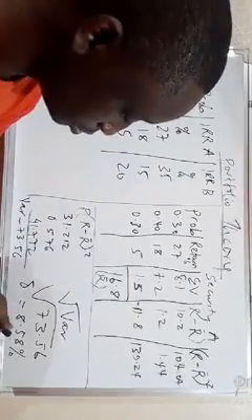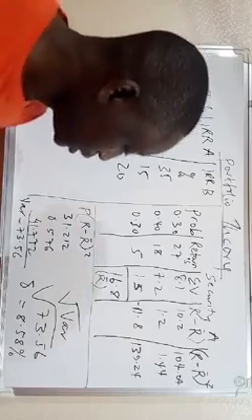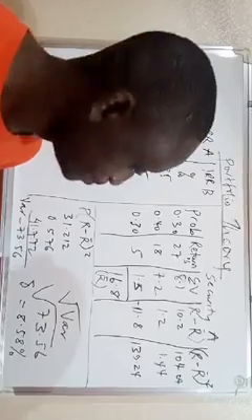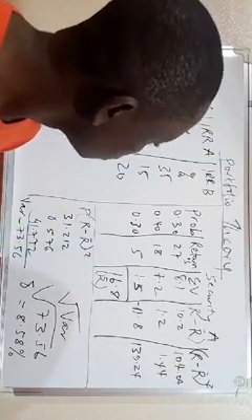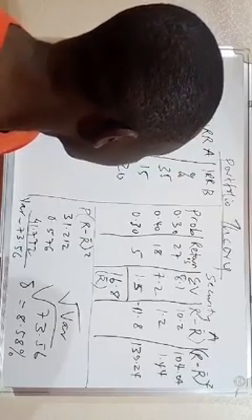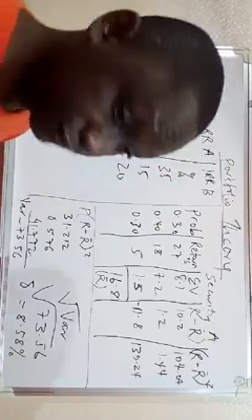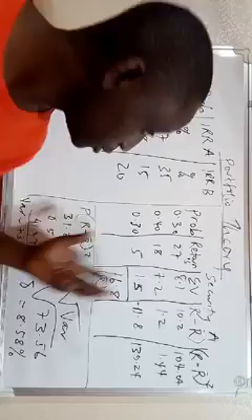So the level of deviation is 8.58%. So that's it for security A. We'll now go to security B. Security B. So you can pause the video and write if you want to write before we go for security B.